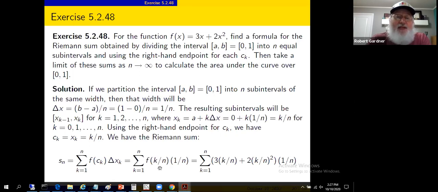The c sub k's we've chosen to be k over n, and we sum from 1 to n. This is the exact same thing we had in the previous example. What's different here is the function. The function f is now 3x plus 2x squared. So we'll plug k over n into that function and get 3 k over n plus 2 k over n squared. 3x plus 2x squared, evaluated at k over n, produces this.